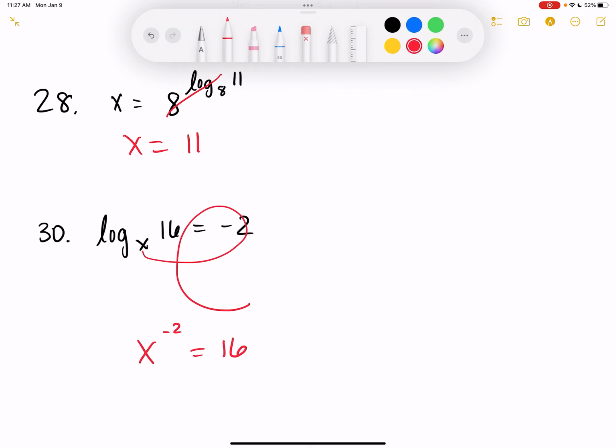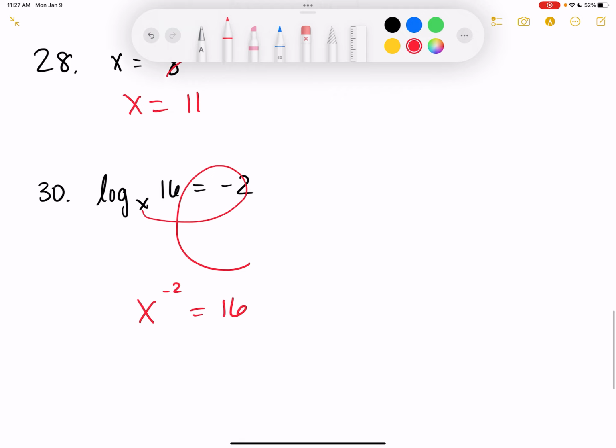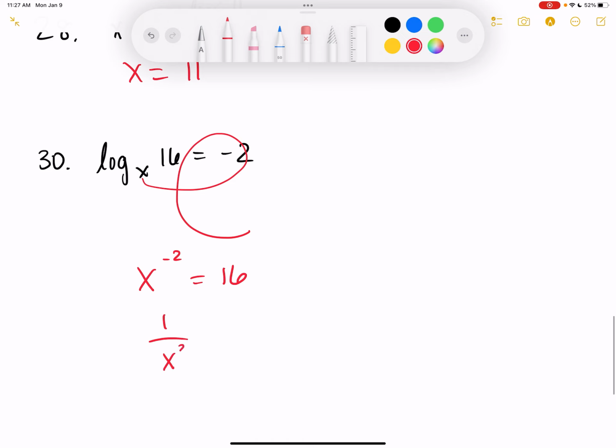So thoughts on what I need to do with this one? Do you have to like take the square root? But like, what do you do with the negative? Well, the negative makes it a fraction.